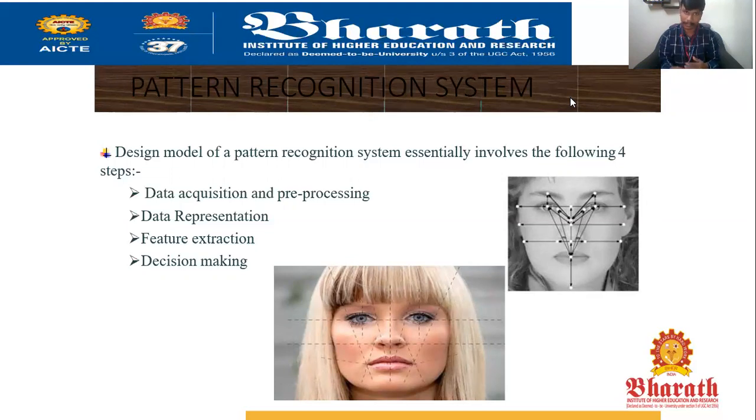Some filtration, some alignments, some arrangements of the acquired input data will happen in the pre-processing unit. So the data acquisition unit will be acquiring the set of inputs which is given for the processing, and it will be acquired completely by the data acquisition unit. After acquiring, it will be made ready to be processed. That function will be taken care of by the pre-processing unit.